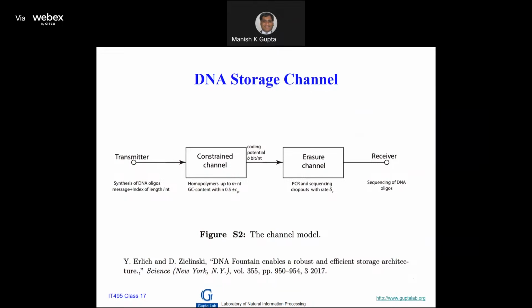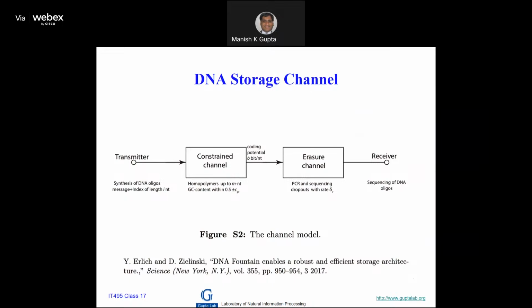Now you know that if you don't do any error correction, 2 bits per nucleotide is the maximum possible. That is the kind of thing you can do anyway. Now, the erasure channel: we have PCR and sequencing dropouts with rate delta V. So the polymerase chain reaction is modeled as an erasure channel.